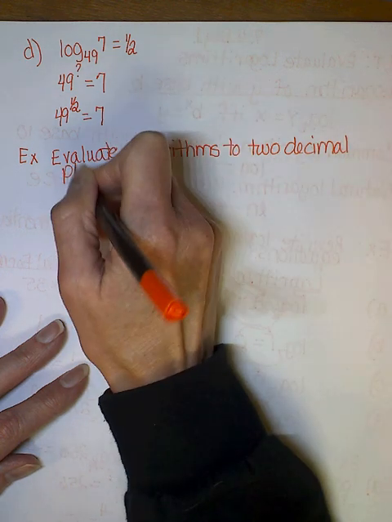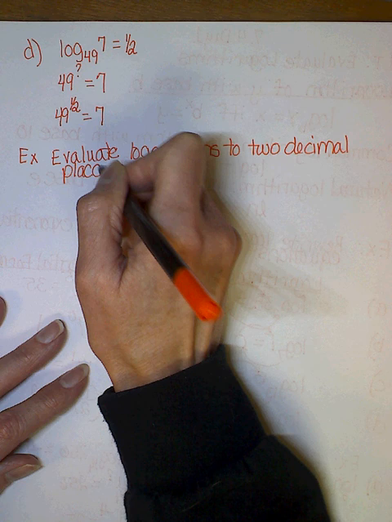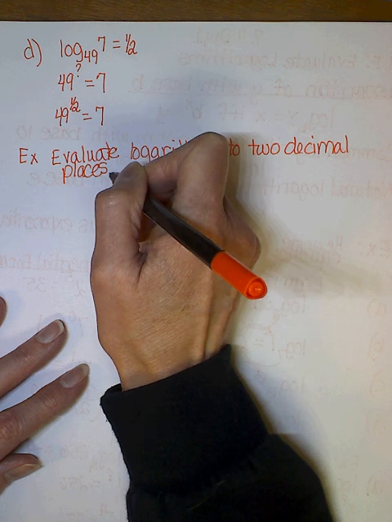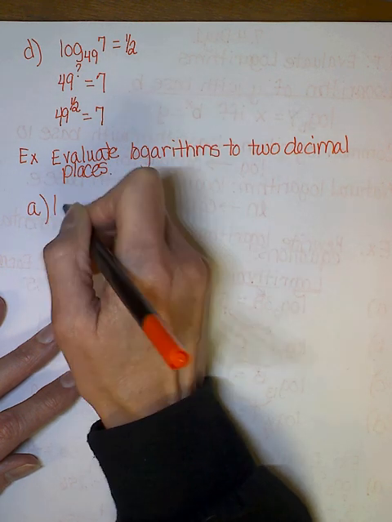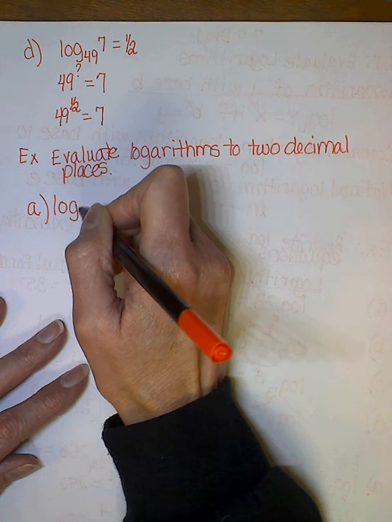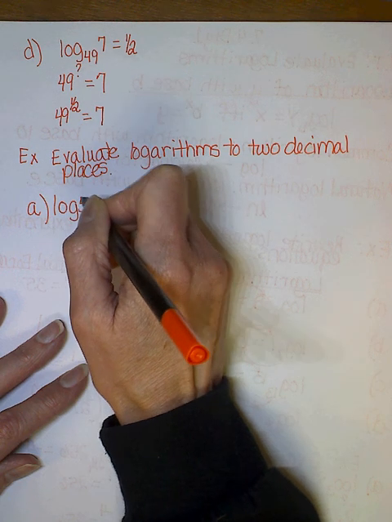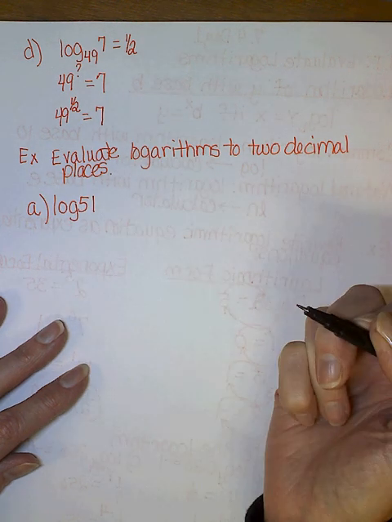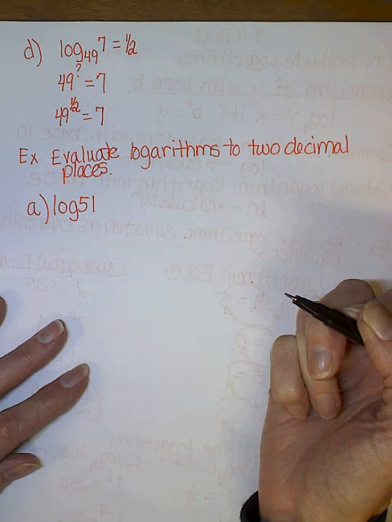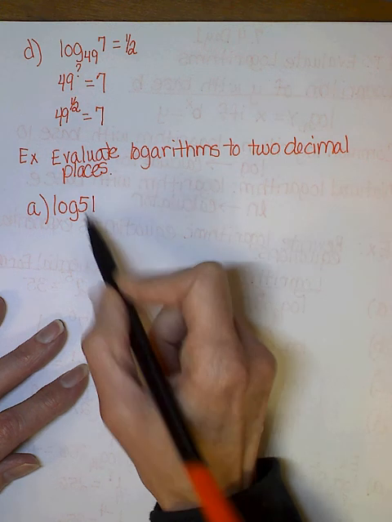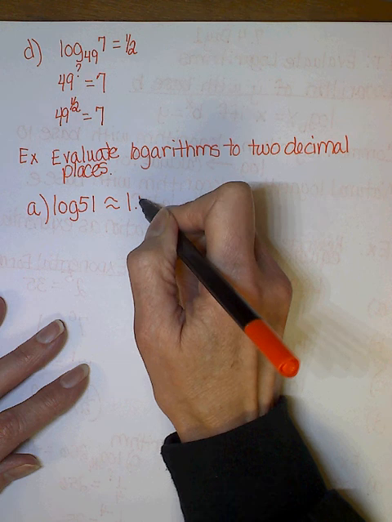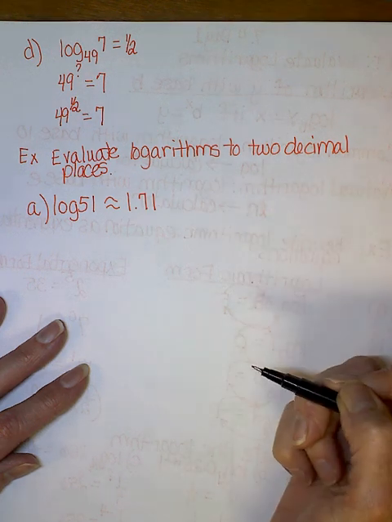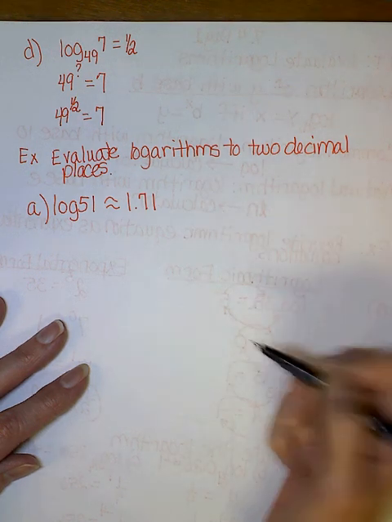So you might want to pause for a second and get out your calculators so you can find the right buttons. So if it just says LOG, that's a button on your calculator, and you're just going to enter it, LOG 51, and remember this is the common log with base 10. And if I round that to 2 decimal places, it would be 1.71.